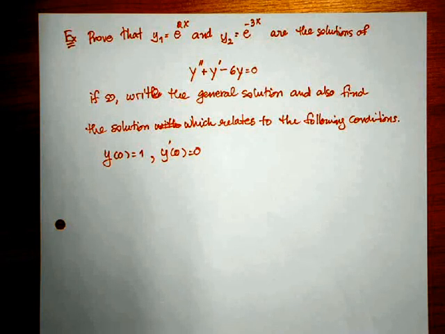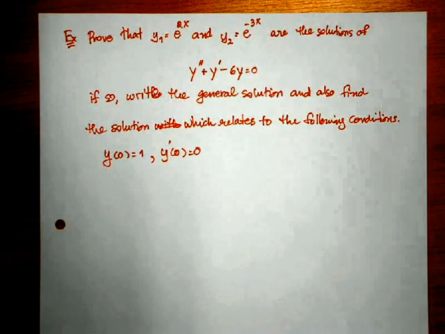Now, if you look at this differential equation, this is what order? The second order, right? It's order 2. You have to find 2 y, and the problem statement already gives you 2 y. But the thing is that it is asking us to prove that this y1 and y2 are the solutions of this differential equation.